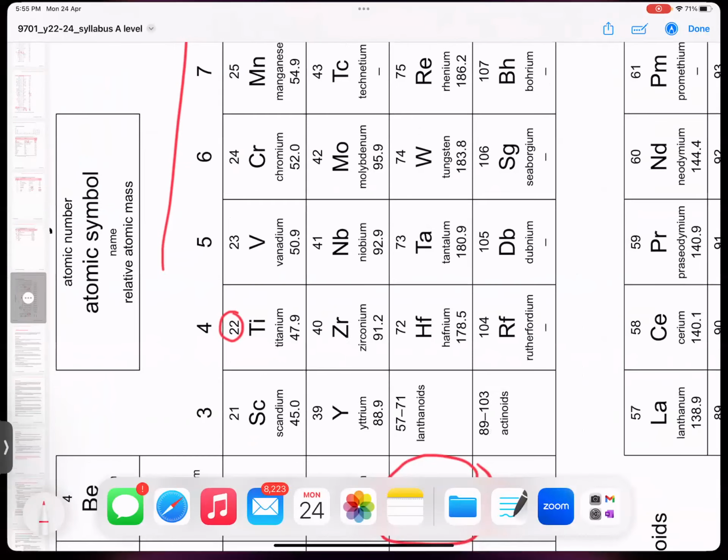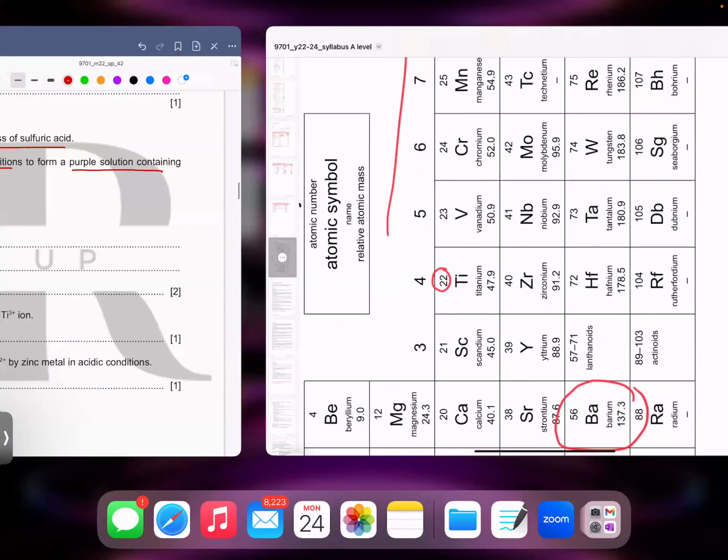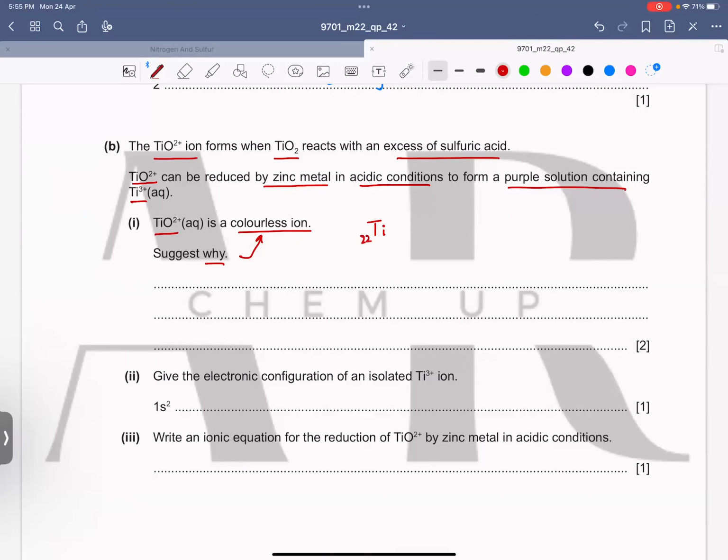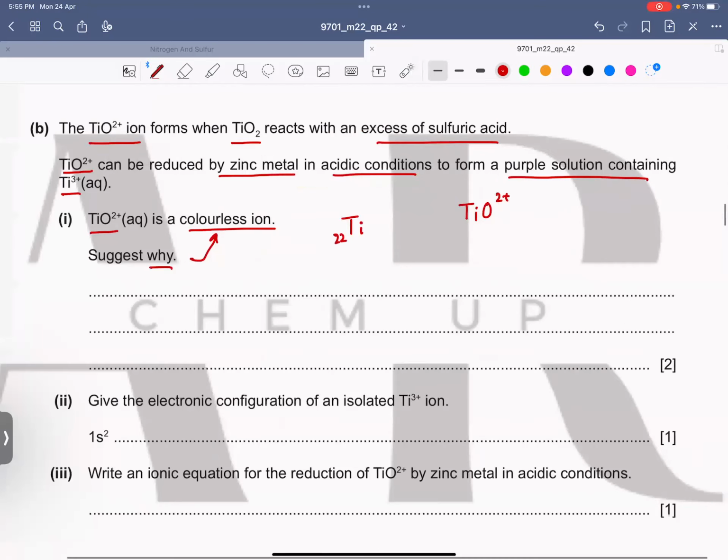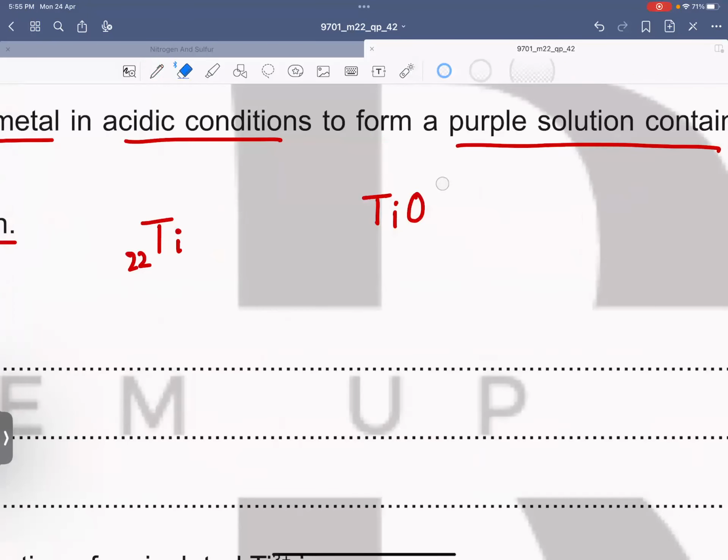Its atomic number is 22. And if we look at TiO2 positive over here, the 2 positive is the net charge. Oxygen is -2 over here. So titanium must be +4, right?